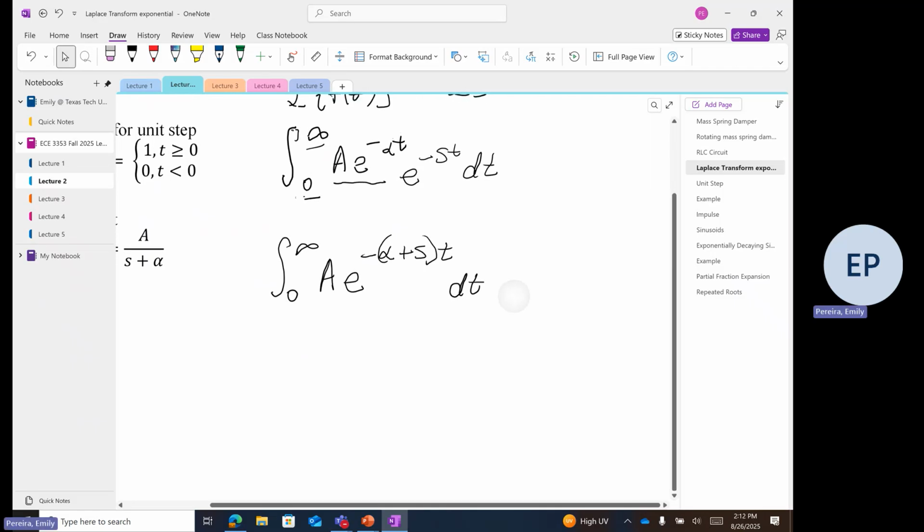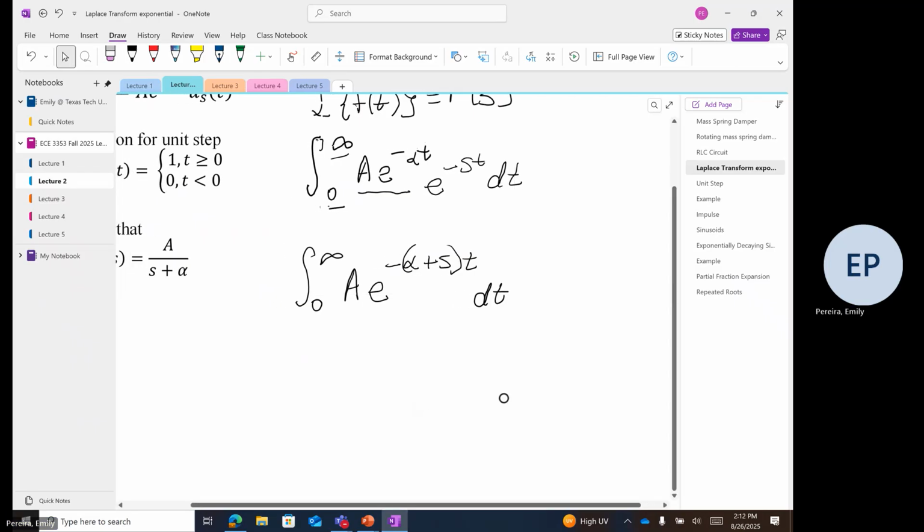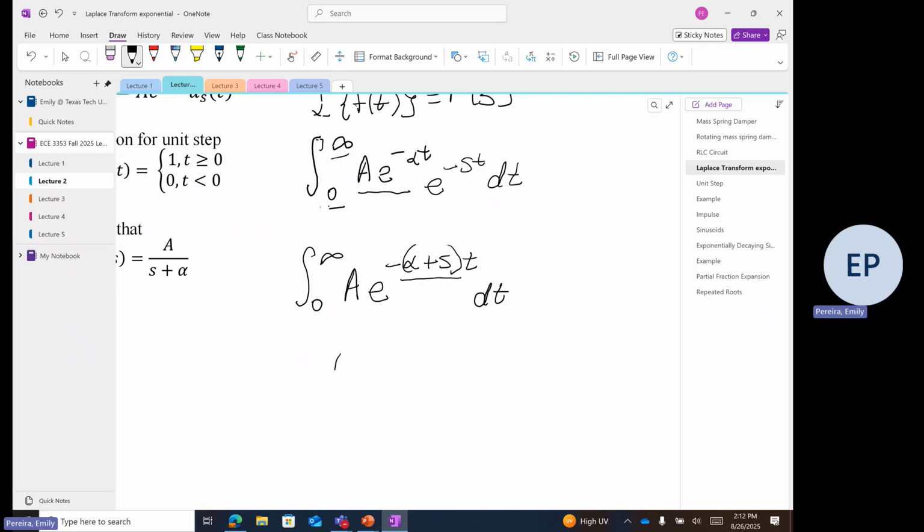Okay, so now we're ready to take the integral of this guy. The integral of an exponential is just the exponential divided by this. So we have a divided by negative alpha plus s times our exponential. And then we have what we're going to substitute in for t here.